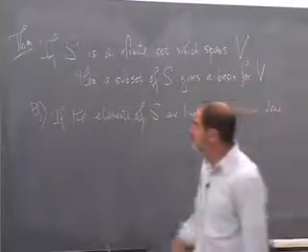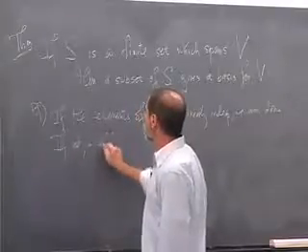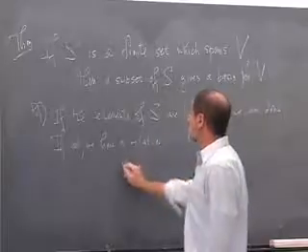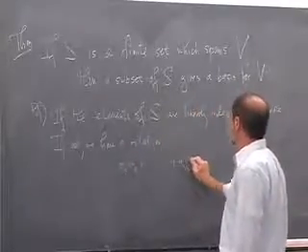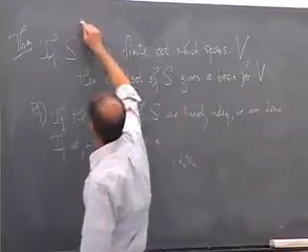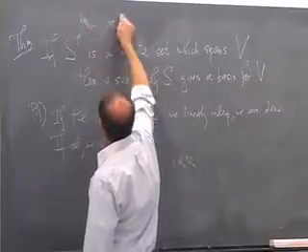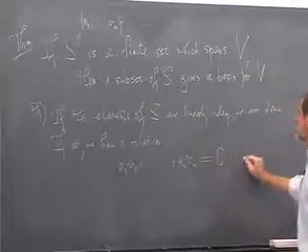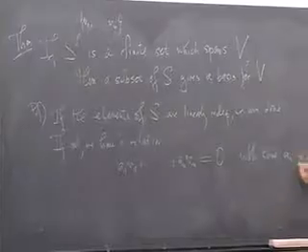So if not, we have a relation a1 v1 plus ... plus an vn equal to 0. The elements in S are v1 through vn, I should have said that. We have a relation equal to 0 with some ai not equal to 0.